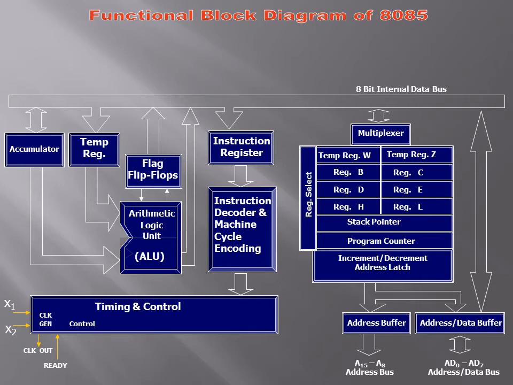In the control signals we have READY, RD bar (read bar), WR bar (write bar), and IO/M bar, meaning input/output and memory. These are the 4 control signals, and there are status signals S0, S1, and ALE, address latch enable.